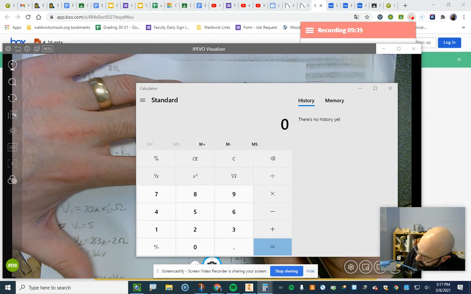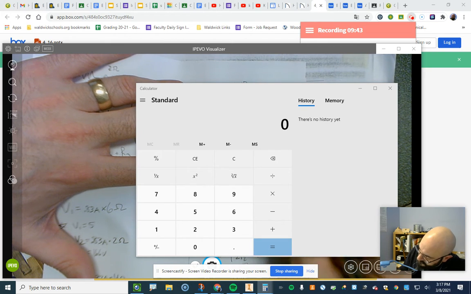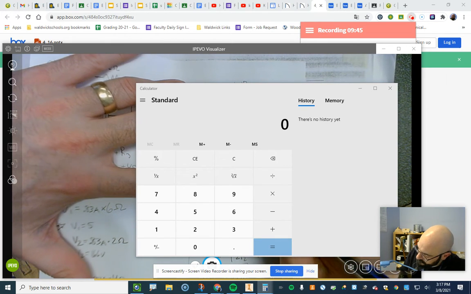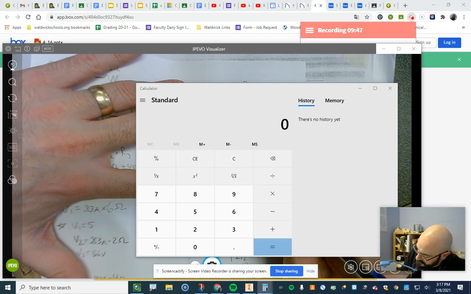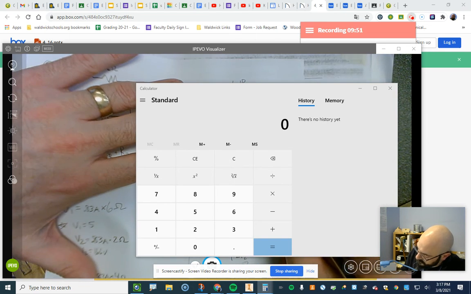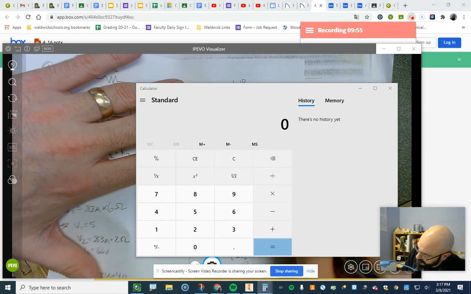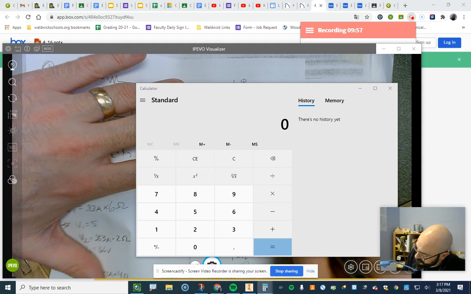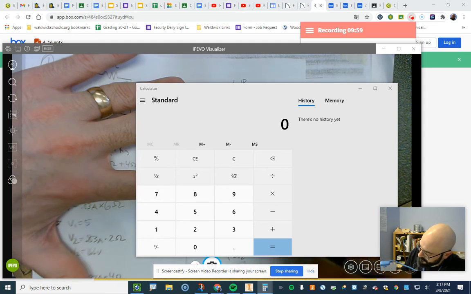So I1 equals 3 1/3 amps. I2 is going to be 20 volts equals I times 4 ohms. Okay, so I2 is going to be equal to 5 amps.